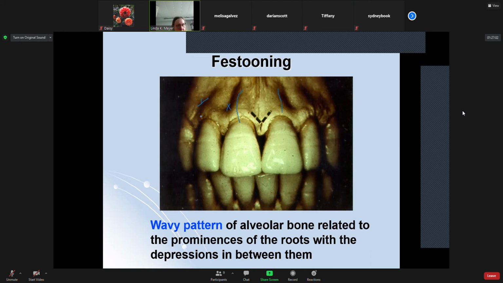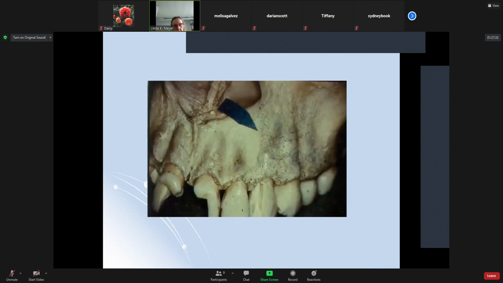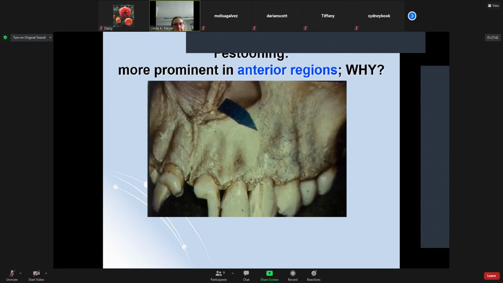And you have this picture on page 7, which we're going to be recording other information on, but I just want you to see how on page 7 on the anteriors you can really see this festooning. Here's another anterior view where you can really see that in the anteriors, the festooning is more prominent.